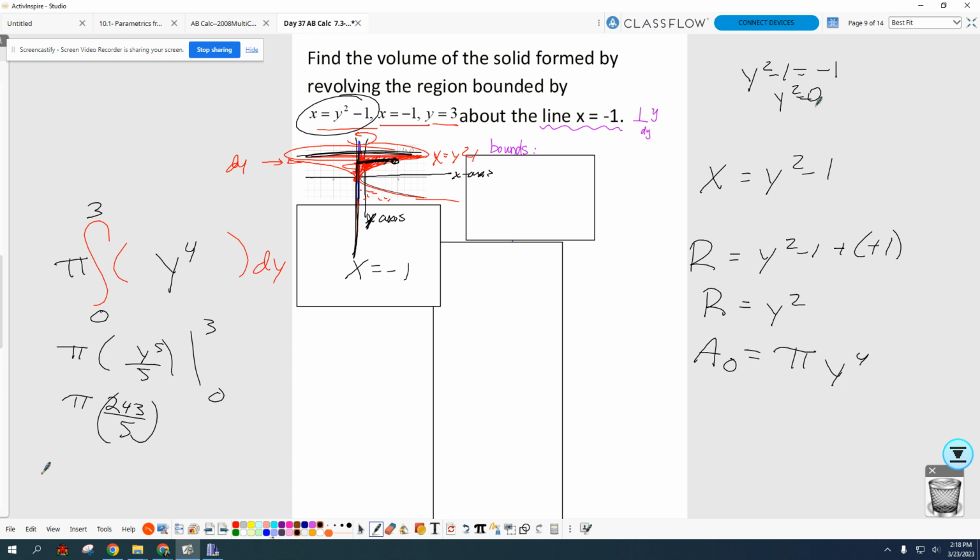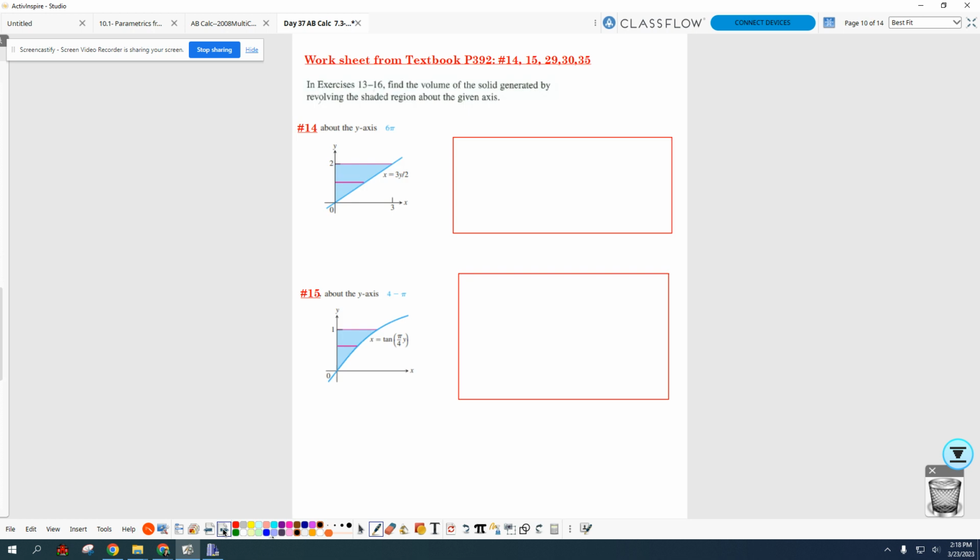Okay, so this is what 14 and 15 look like, not photocopied. It's asking you to find the volume of the shape that forms when we spin this around. It wants the whole thing, so from 0 to 2. This is trying to show you the radius is that pink stick, because it's rotating around the y axis.